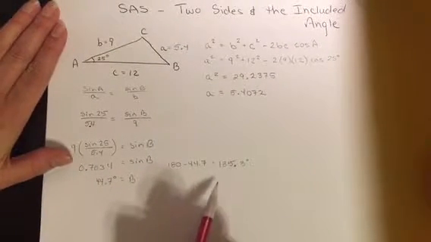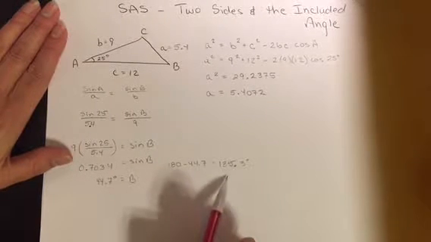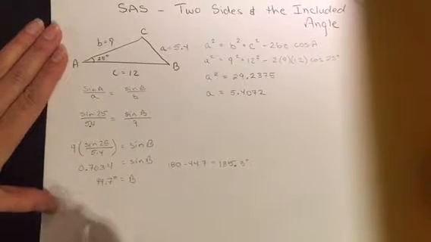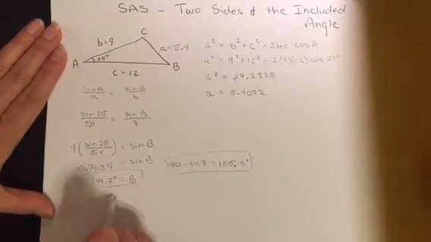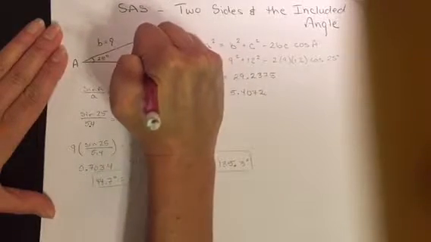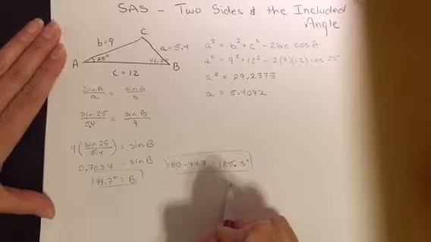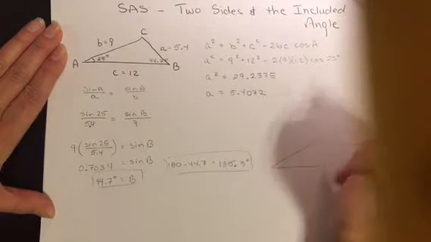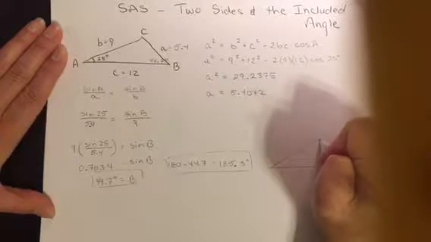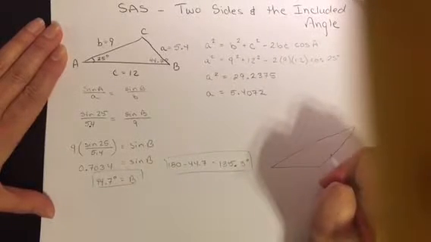This now means that I have 2 triangles. I have one triangle where B is an acute angle, and I have one triangle where B is the obtuse angle. So just to give us a visual here, this B value would be what the triangle up here looks like. This B value would be what this triangle looks like.